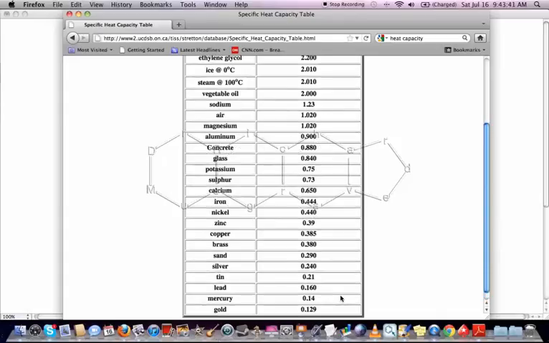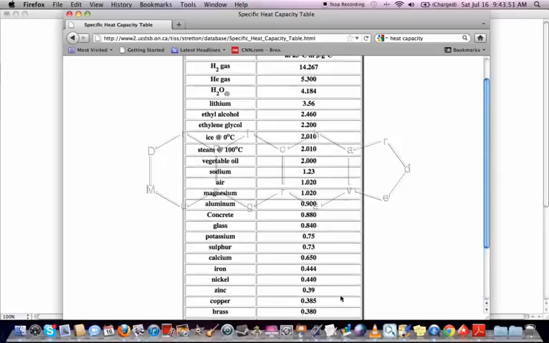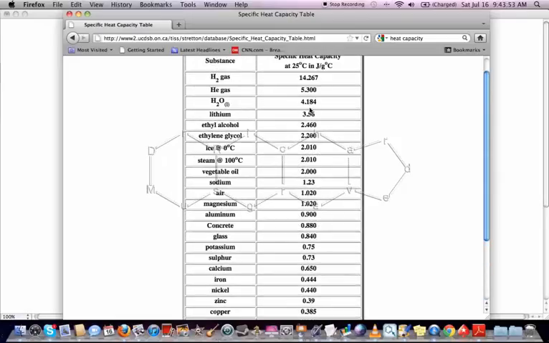There's actually a relationship between heat capacity and atomic weight that we can make use of as well. But you'll also notice that water has a fairly high heat capacity, partly because of its low molecular weight, and partly because it's a liquid.